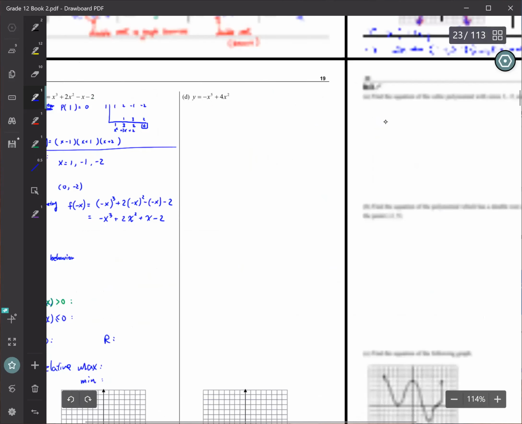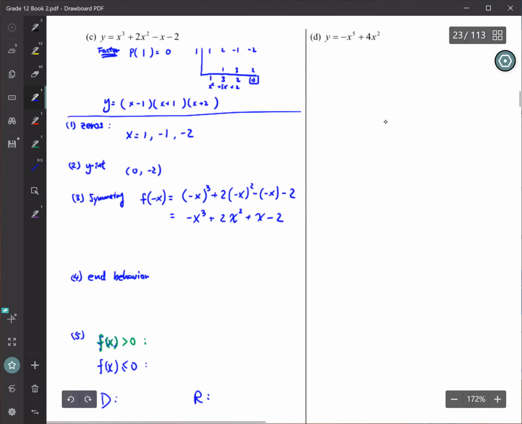Now we need to check if it's around origin. What we do is we take negative, multiply by the original. Eric, can you tell me what it looks like when I take negative times the original? Negative x cubed minus 2x squared plus x plus 2.